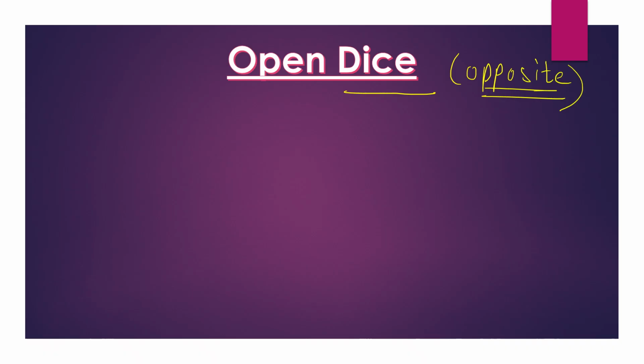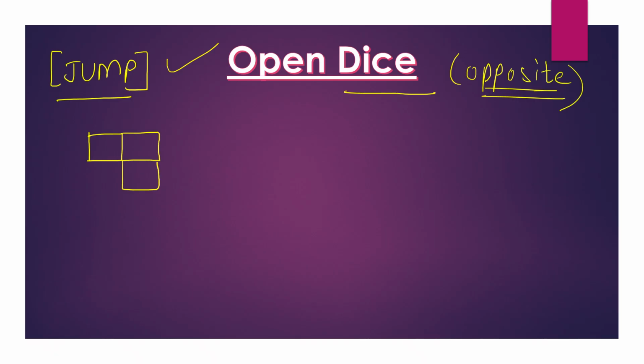Now here, in order to solve the problems on open dice, you need to know some things. Remember this word: jump. Why am I telling you that? Because they will give you something like this: 1, 2, 3, 4, 5, 6.